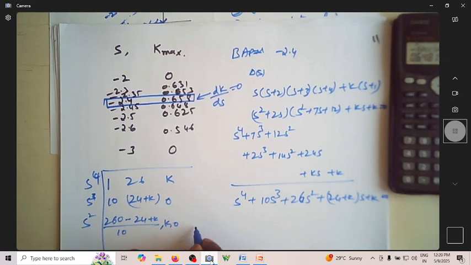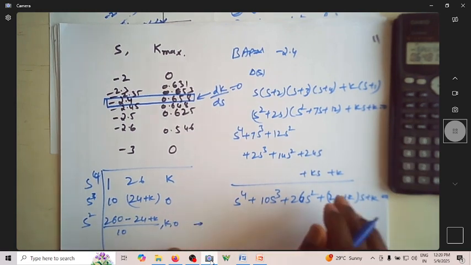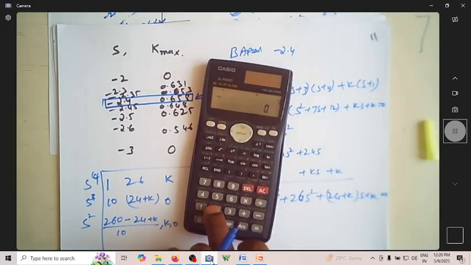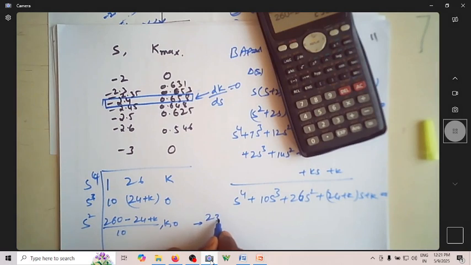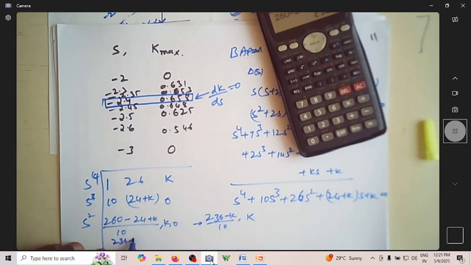If I rewrite this, 260 minus 24, which is 236, 236 minus k by 10, and k. This term would be 236 minus k by 10, into 24 plus k, minus 10k, divided by that, equal to 0.